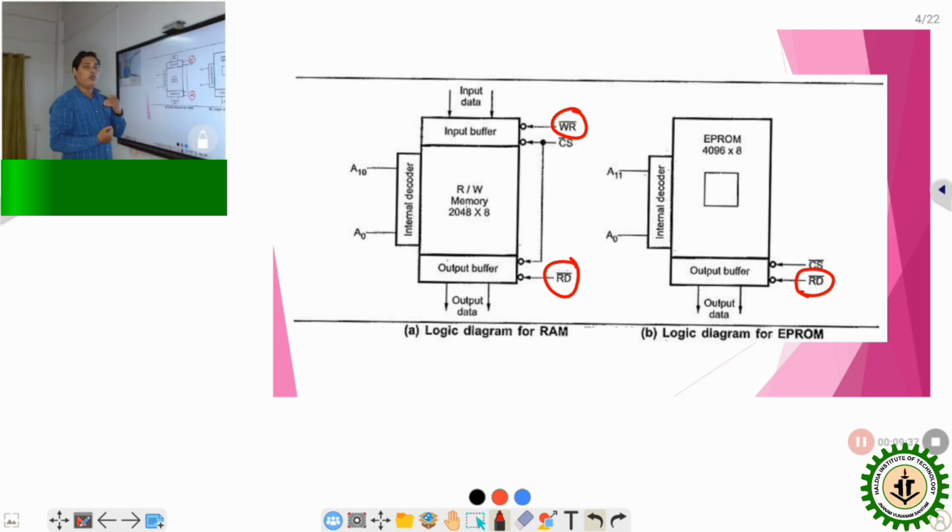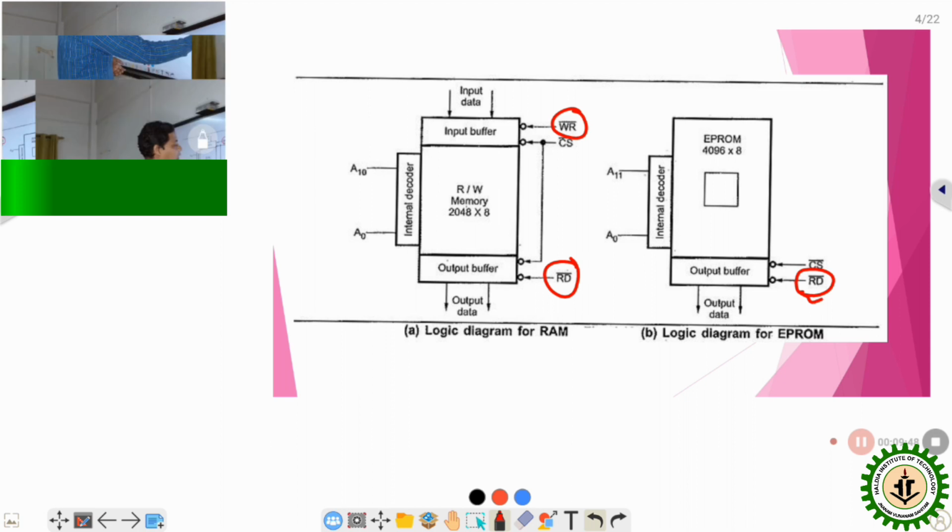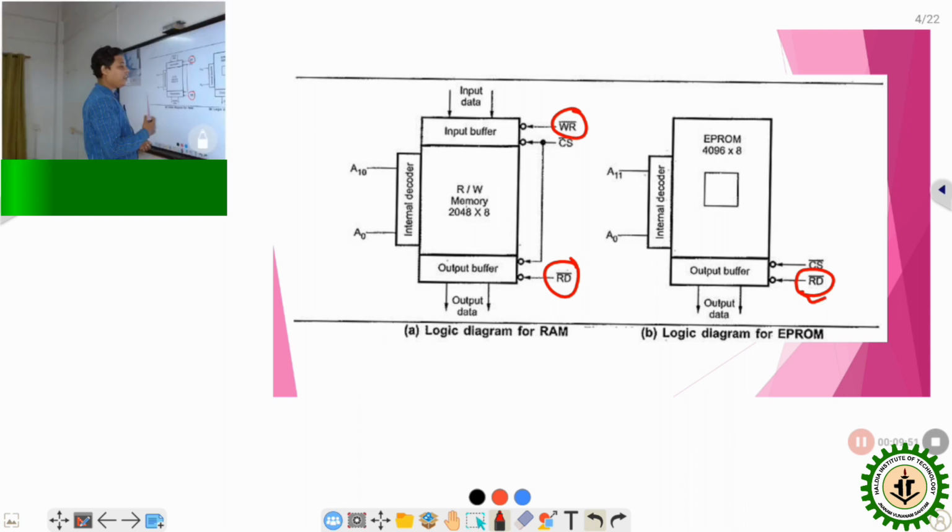That means either we can store data into the memory or we can read data from the memory. But in case of ROM, only the read signal is there, because only read operation is possible.